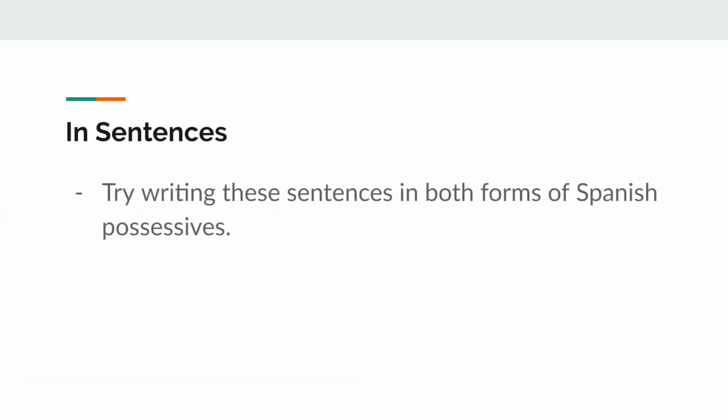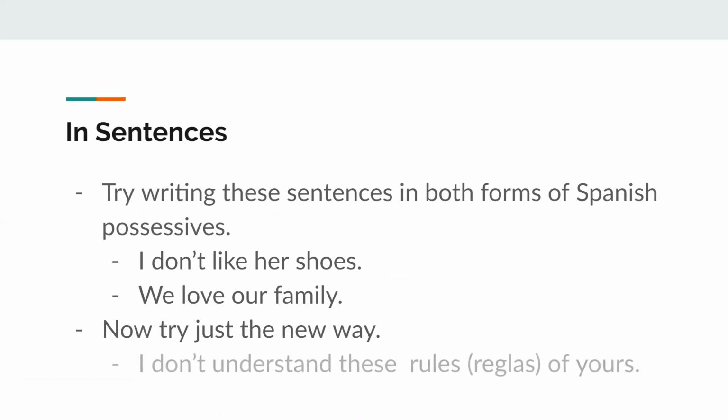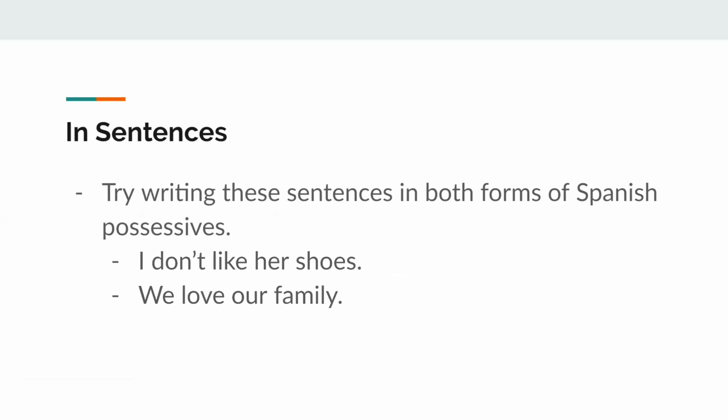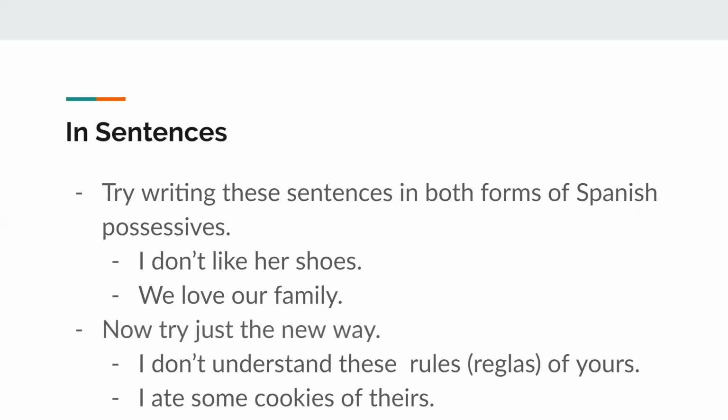If we were in class, I would have you try writing these sentences in both forms of Spanish possessives. So we would look at these two sentences that you could do either the old way that we learned in chapter 3, or in this new way from this current chapter. After those two sentences, I would have you do these next two sentences, which can really only be done in this new way.